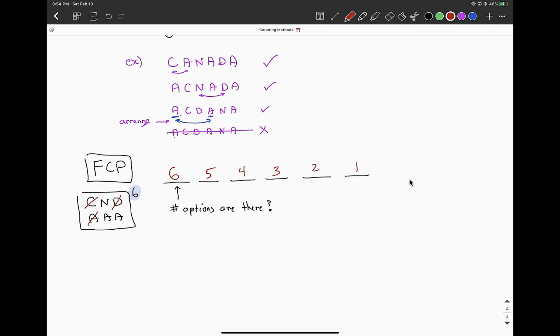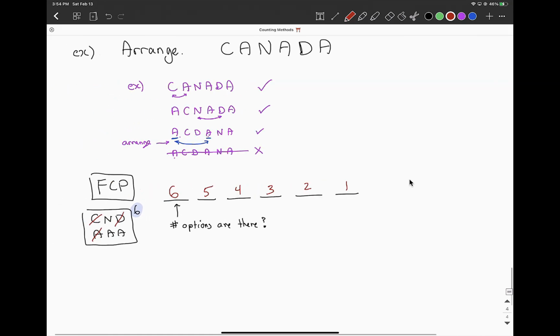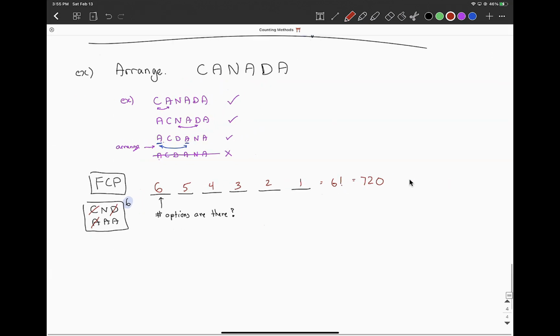Nothing will change during the first stage of your calculation. This is otherwise known as 6 factorial. This is otherwise known as 720. But this 720 includes duplicates. Duplicates like this that we're not supposed to be counting.